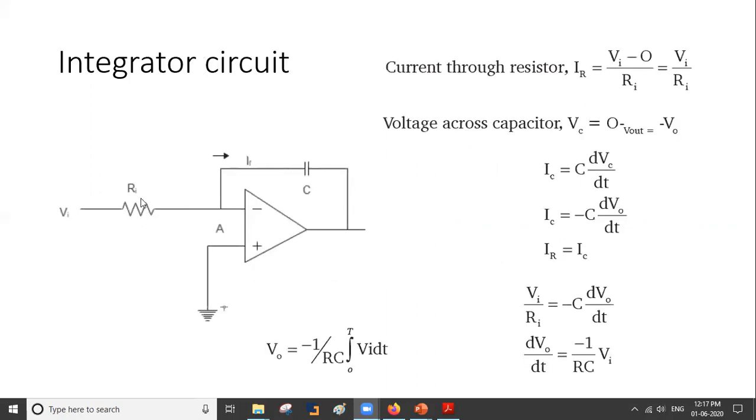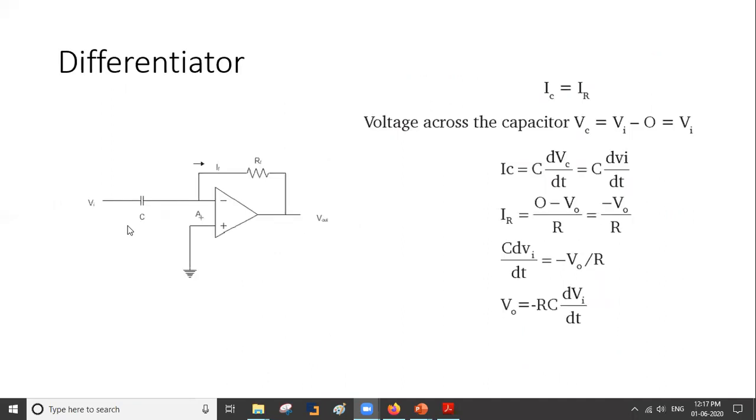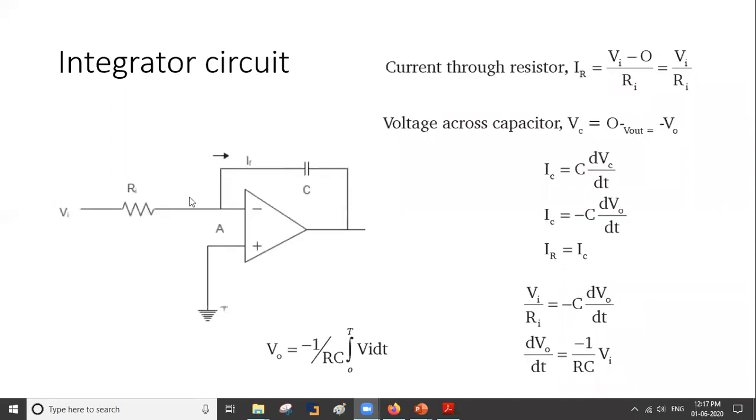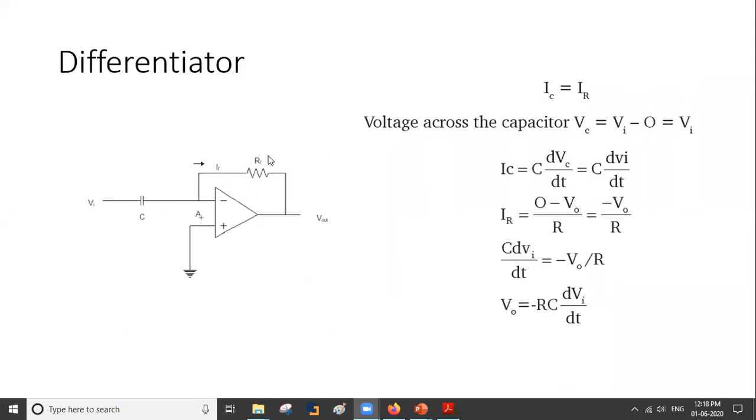Here you can see at the input connection we have used a capacitor, and in the feedback network it is a resistor. So just interchange the feedback resistor and capacitor in the circuit and it works as a differentiator. Then find out the output voltage, which will be the differential of the input voltage.